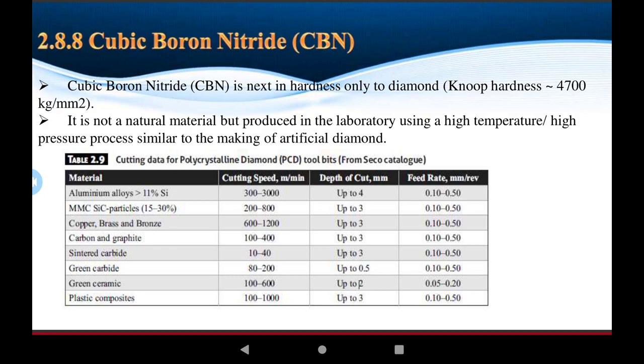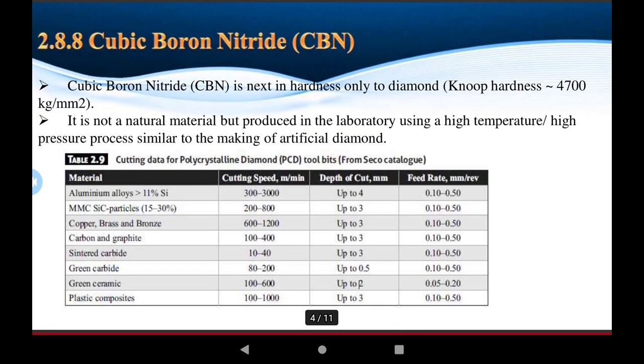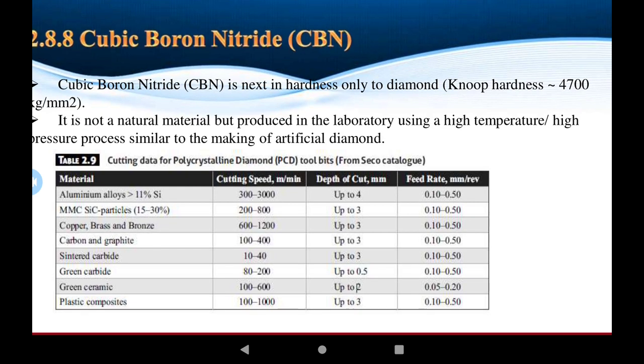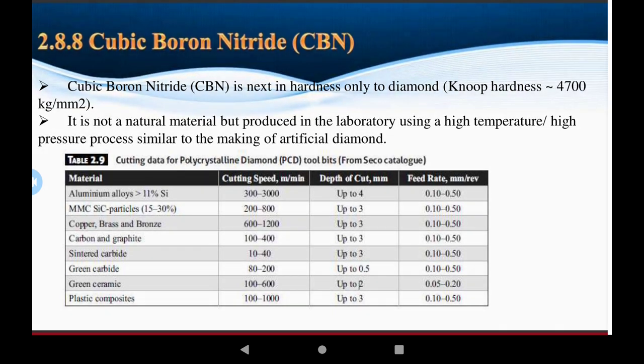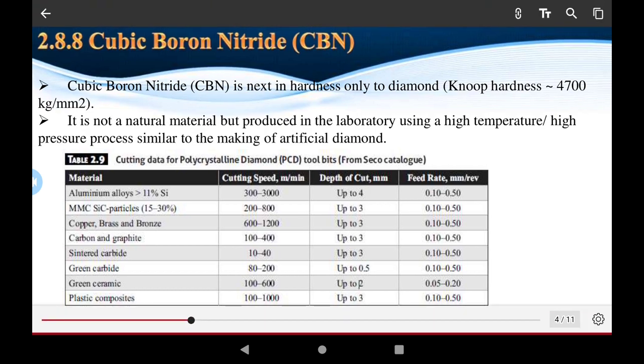For copper, brass and bronze, the cutting speed is 600 to 1200 meters per minute, and the depth of cut is up to 3 mm.